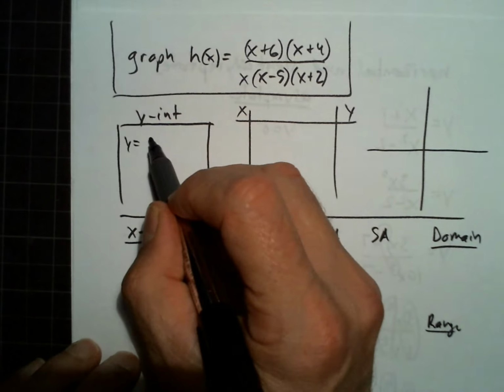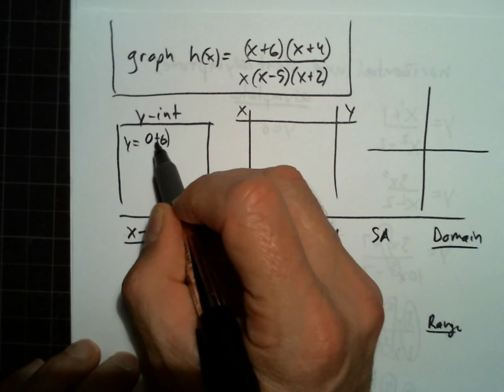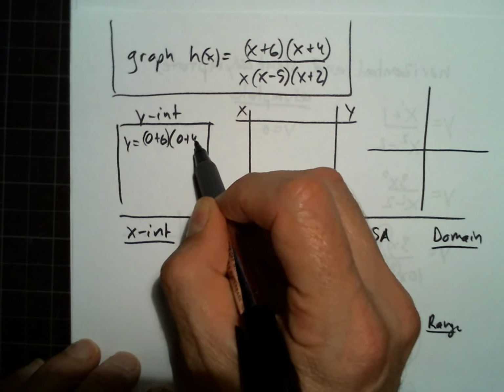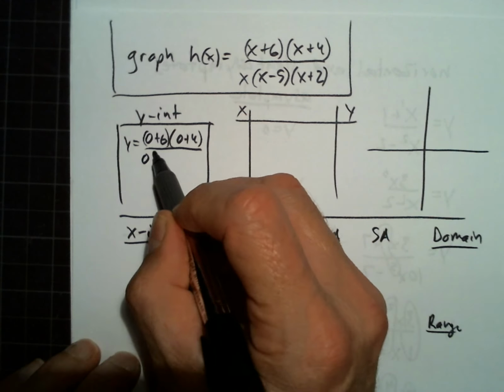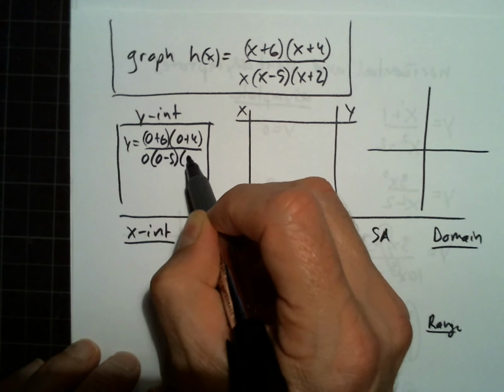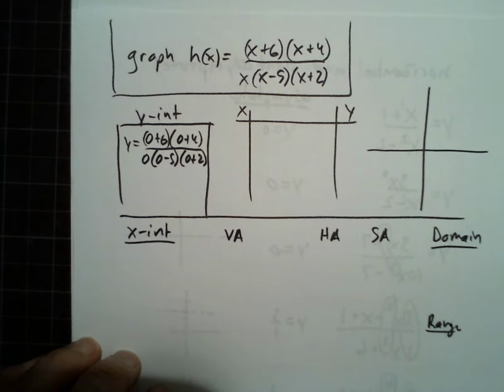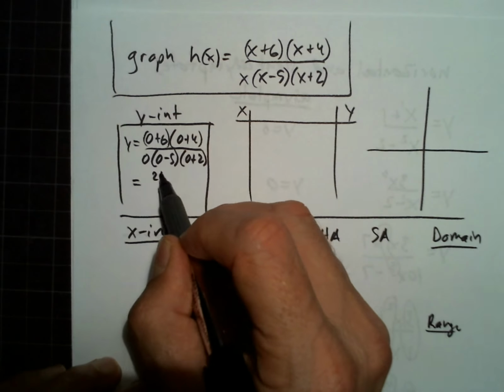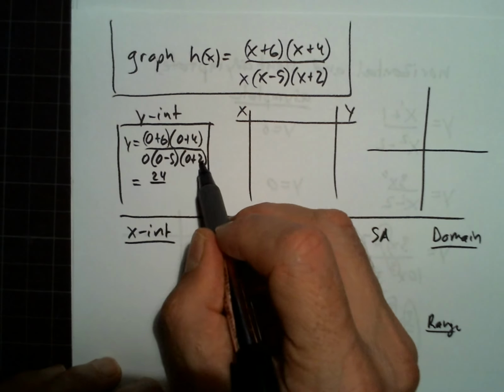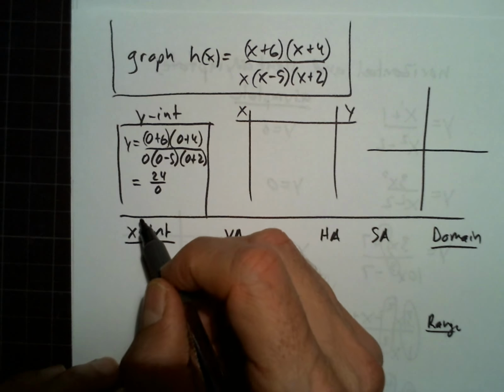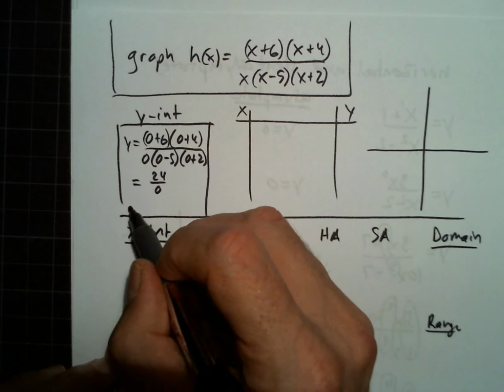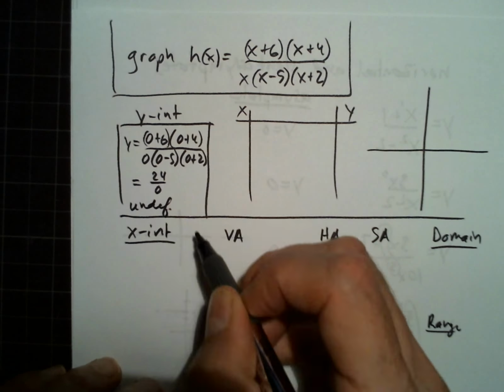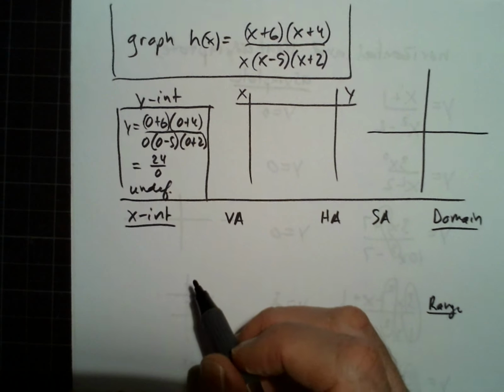The y-intercept is when x equals 0. And we have 24 over 0 times all that, so it's 24 over 0. So there's no y-intercept, undefined. Let's look for the x-intercept.